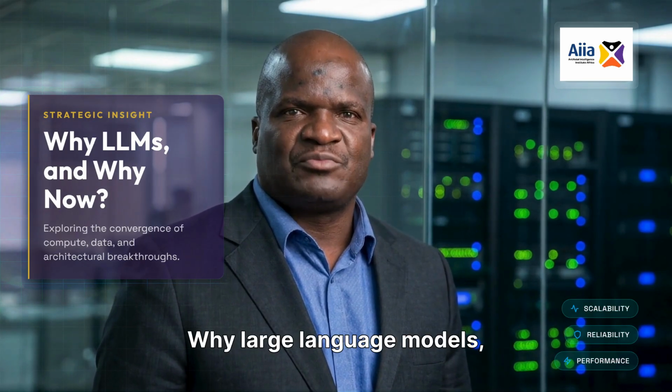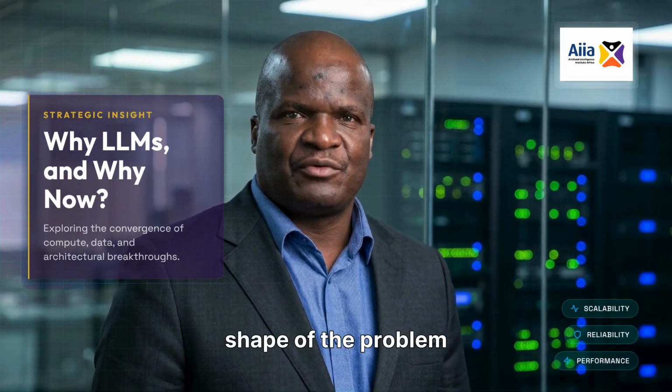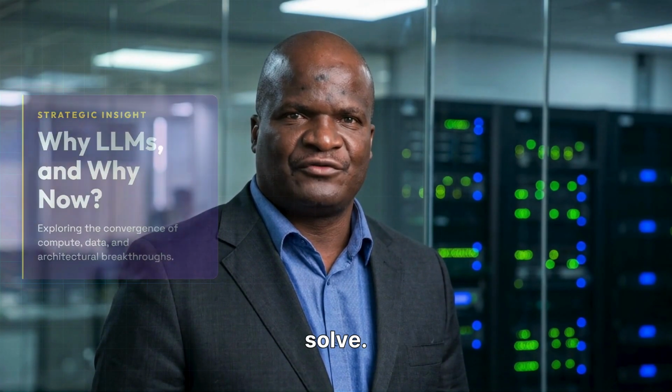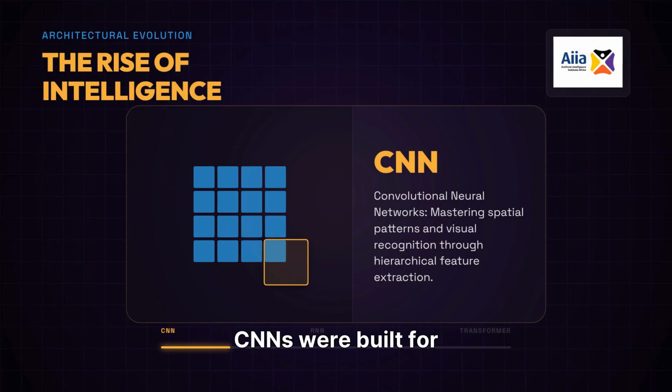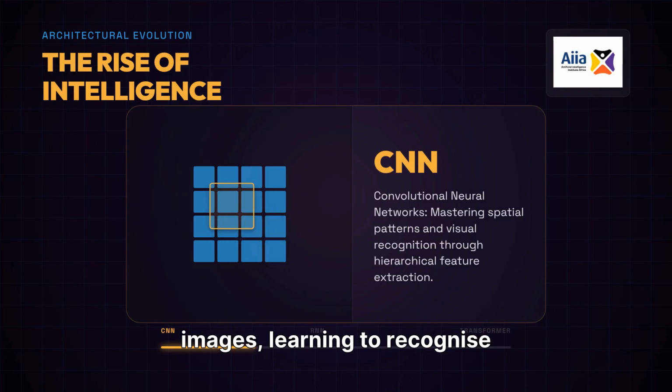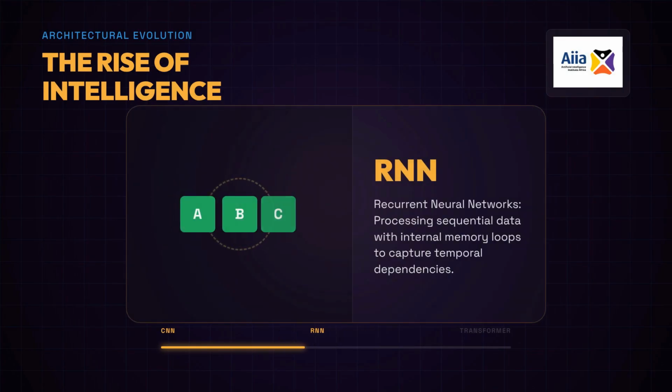Why large language models and why now? Each architecture follows the shape of the problem it is trying to solve. Images have a different structure from text and sequences have a different structure from either. CNNs were built for images, learning to recognize a shape regardless of where it sits in the frame.